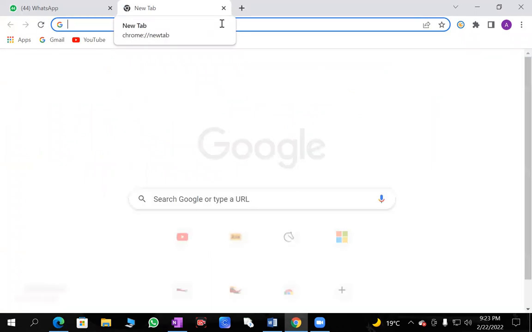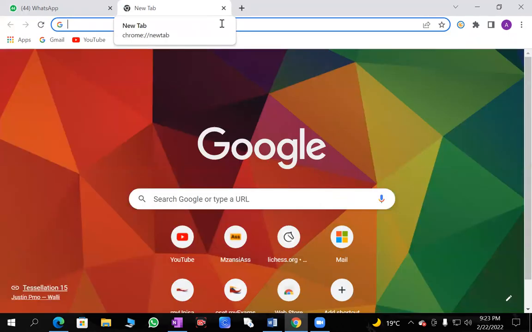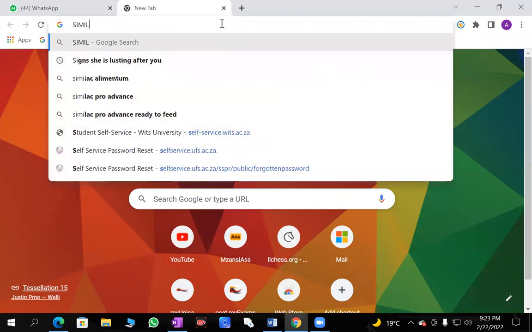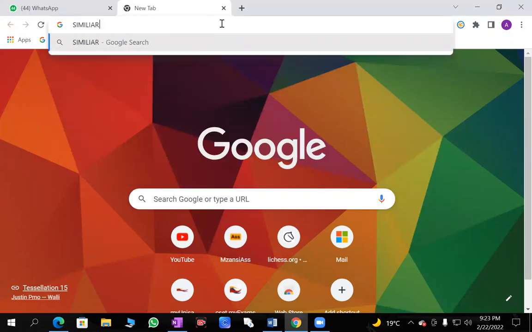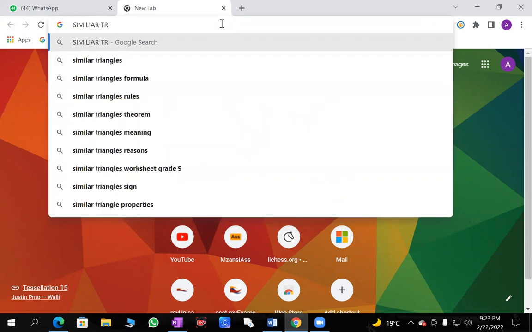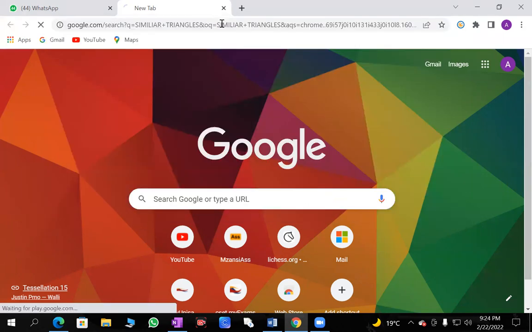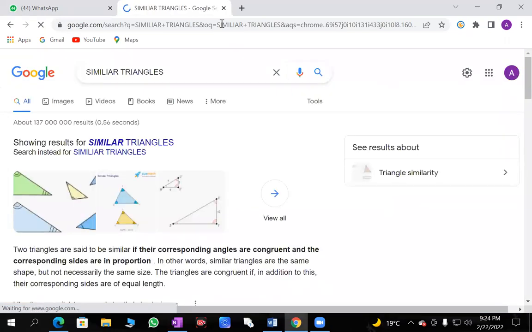Yes, similar angles. He can get it. Similar sides. Okay. Similar triangles? Wow.